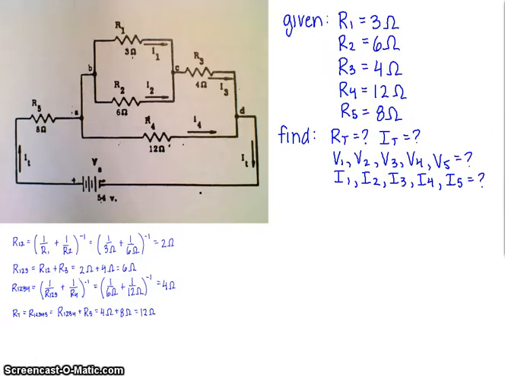So if we want to find the total current, we have to use that total resistance along with the total voltage. Our total voltage of this circuit is 54 volts, which gives us 4.5 amps of current through the entire circuit.